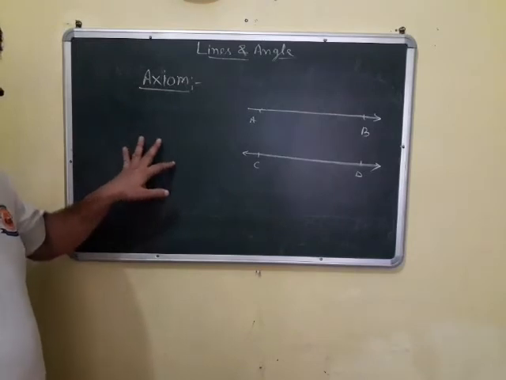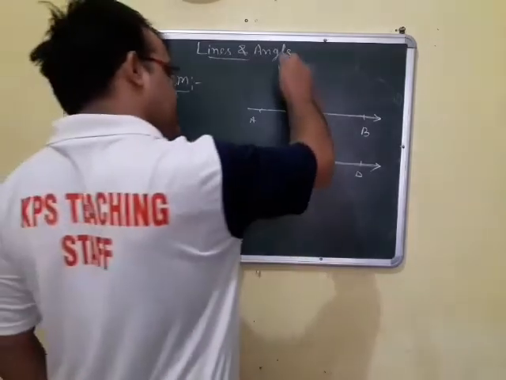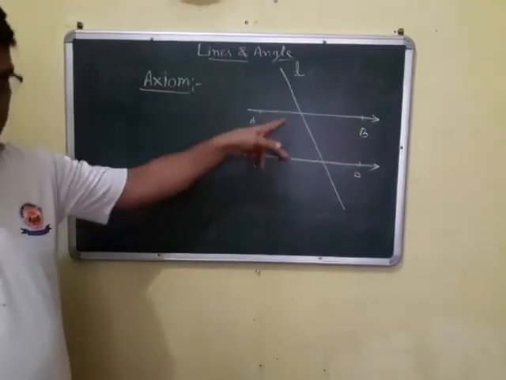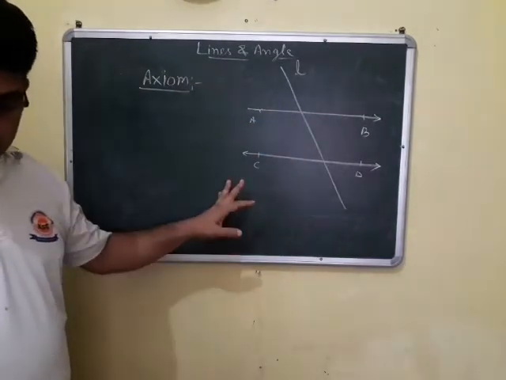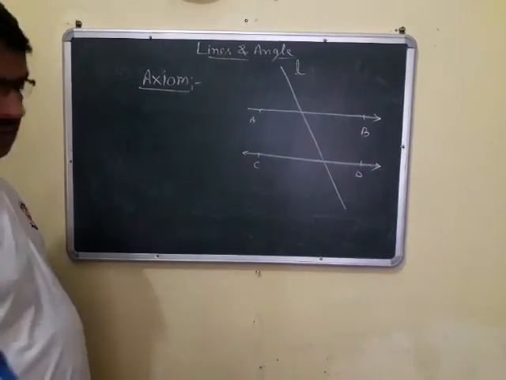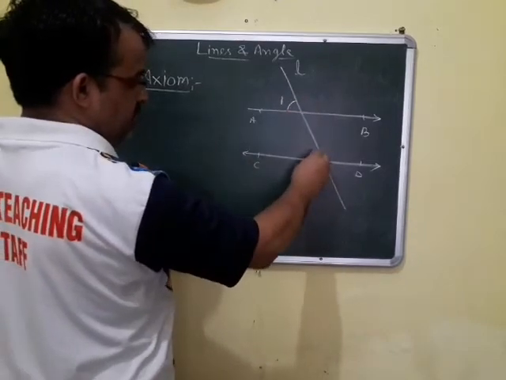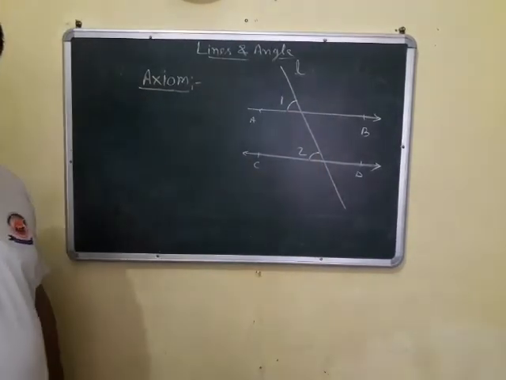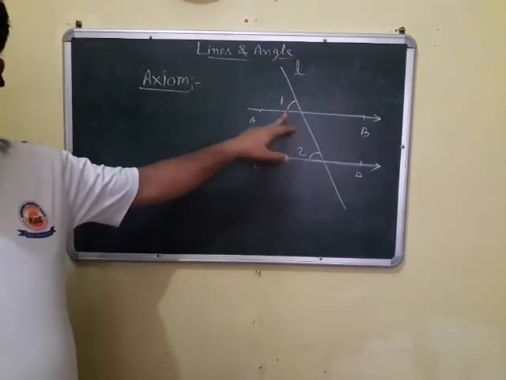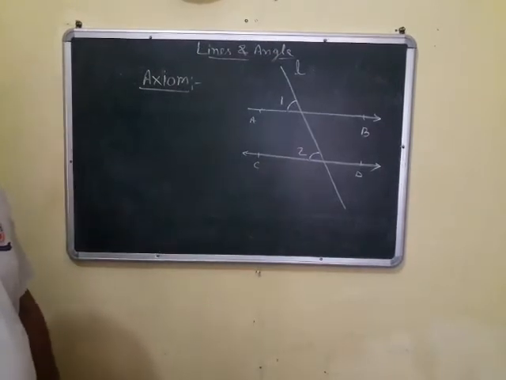If a transversal intersects two lines, here this one is the transversal line. Such that a pair of corresponding angles, this one is angle 1 and angle 2. Angle 1 and angle 2 are the corresponding angles. Clear? Corresponding angles are equal, then the lines are parallel.